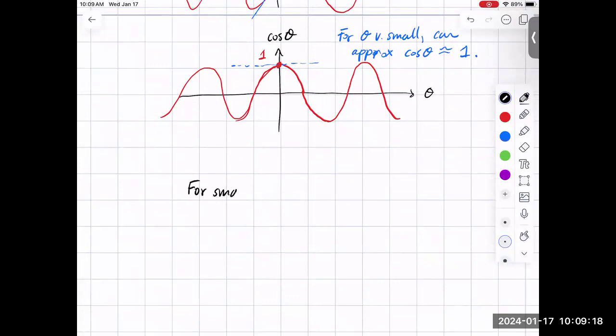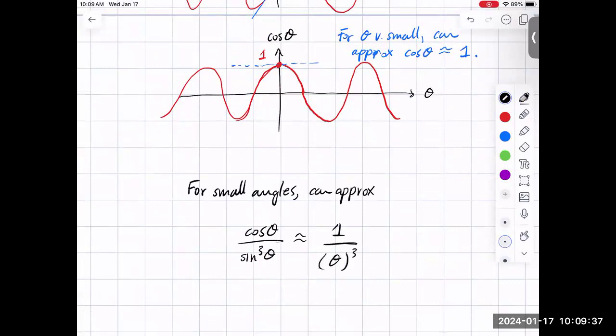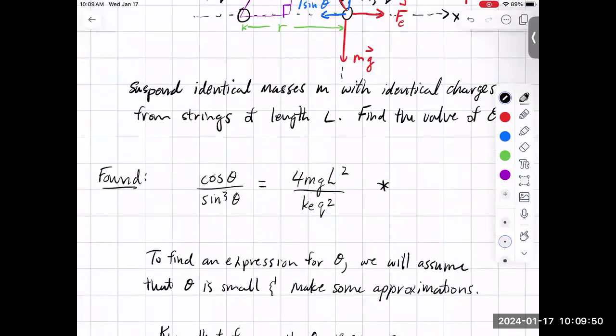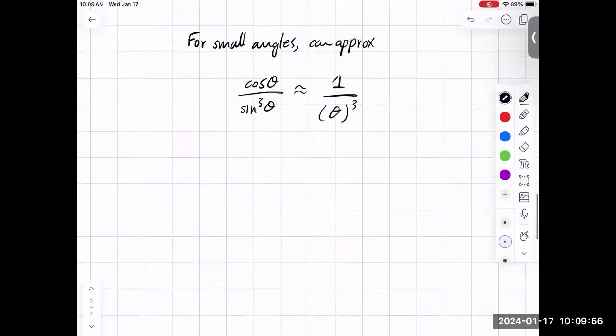For small angles, we can approximate this as 1 divided by theta, and then we have 3 factors of theta because we have a cube of sine theta. So if we go back to star, let's call this equation star, 4mg L squared over kq squared.